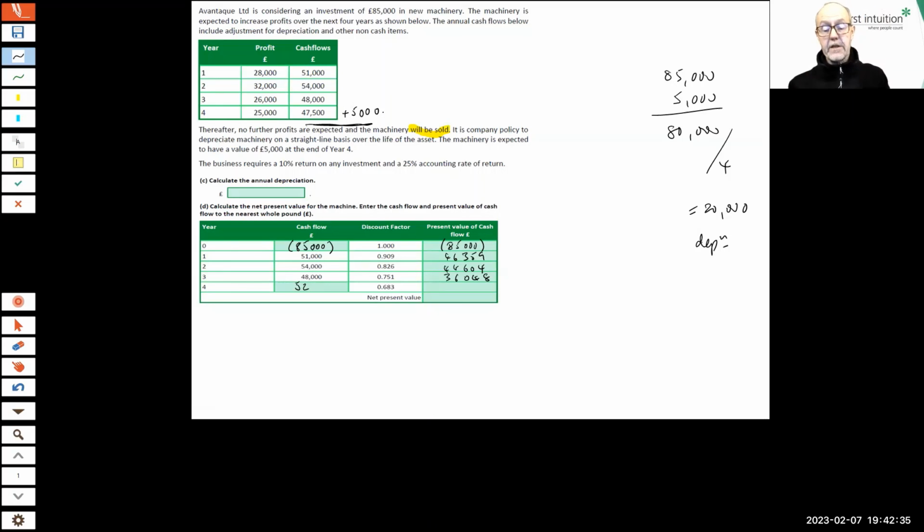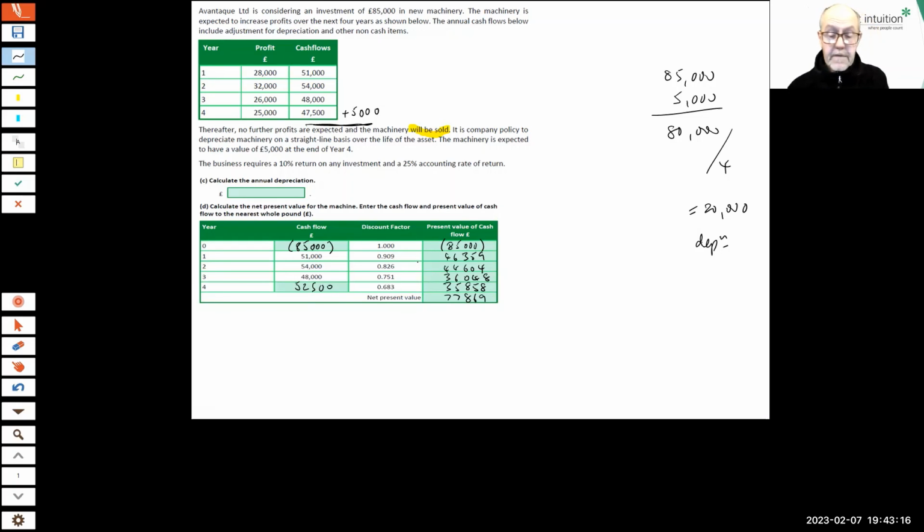Once you get into the tap, doing the calculations, it's ever so easy to forget the disposal proceeds. So 52,500, and that's going to come out at 35,858. So we've got a huge net present value of 869. So this is telling us that our internal rate of return is considerably greater than 10%.